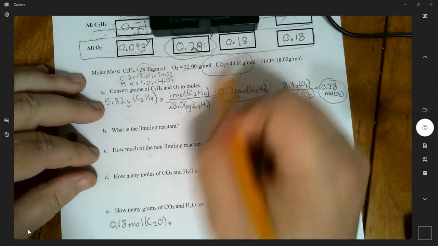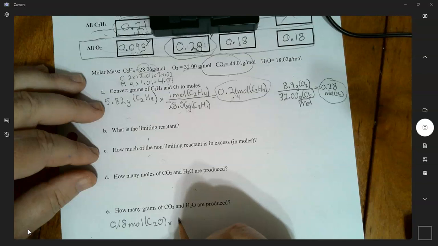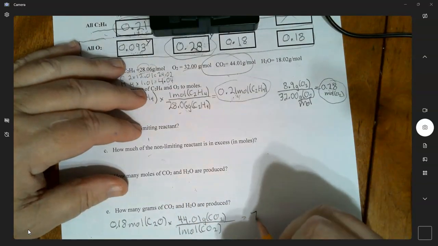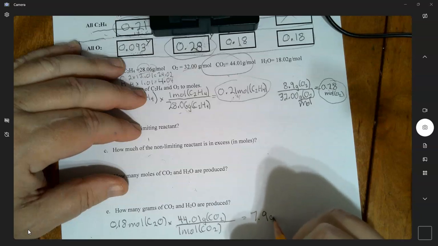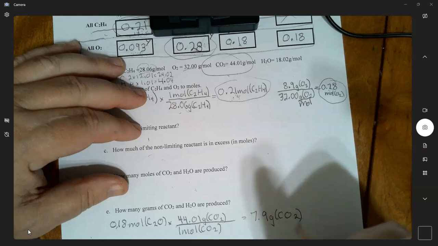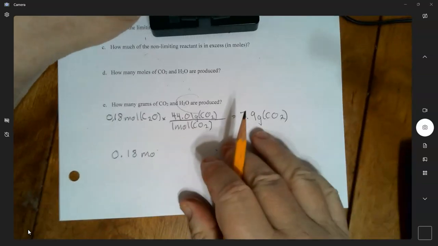Then you have to use the molar mass of CO2, and you're trying to go in the grams direction, so grams goes on top. And that gives us 7.9 grams of CO2 would come out of this reaction. For H2O, the same thing. It's again 0.18. They both happen to be the same. It's not always going to be that way.